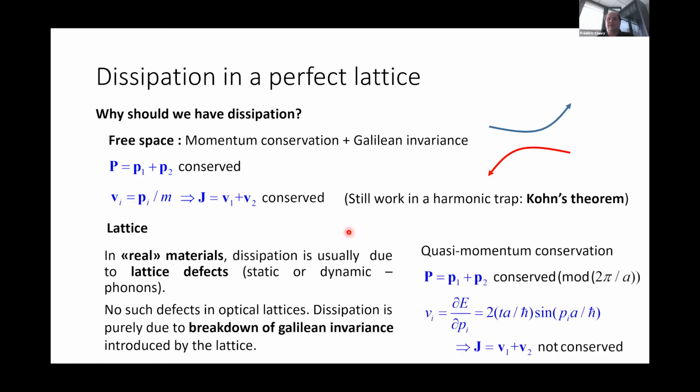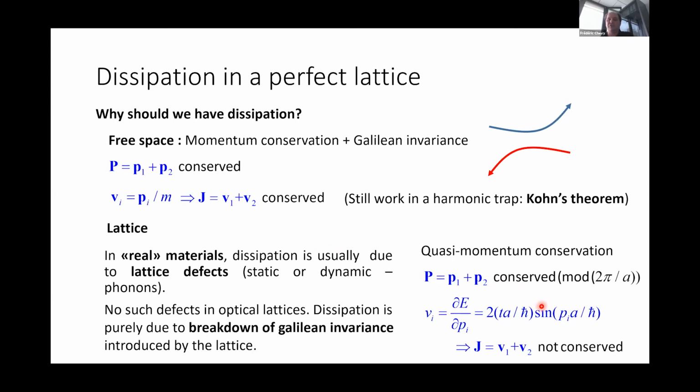Because what we know is that in a lattice, what is conserved is the sum of the quasi-momentum of two particles, up to a vector of the reciprocal lattice. And if you look at the velocity, which is the derivative of the energy with the momentum, then this velocity is not proportional to p, but to the sine of p.